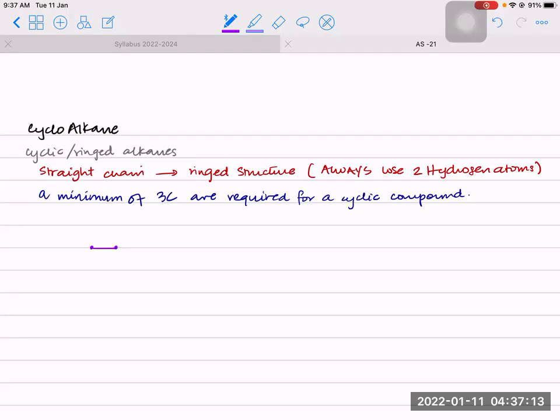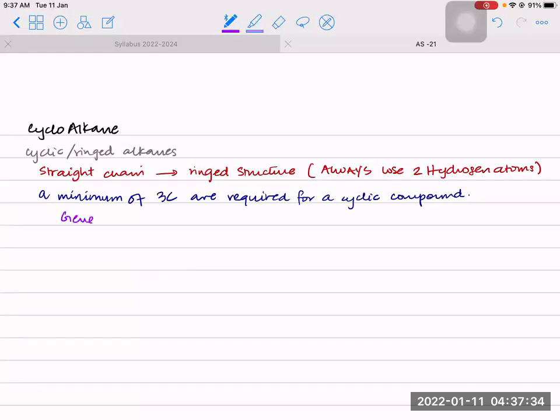Neither can 2. You need a minimum of 3 carbons to make a cyclic compound because 2 will give you a straight line. Imagine this is 1 carbon, the second carbon. It will not give you a ring structure. A ring is only possible with at least 3.